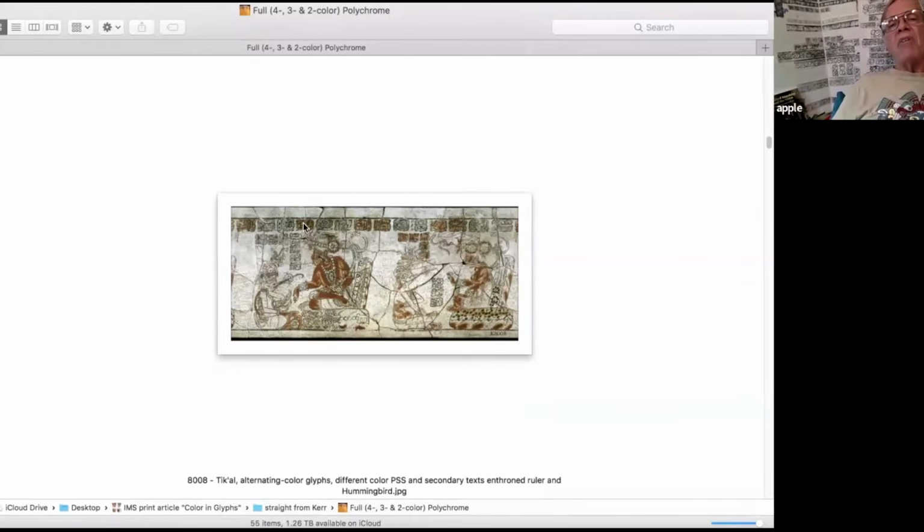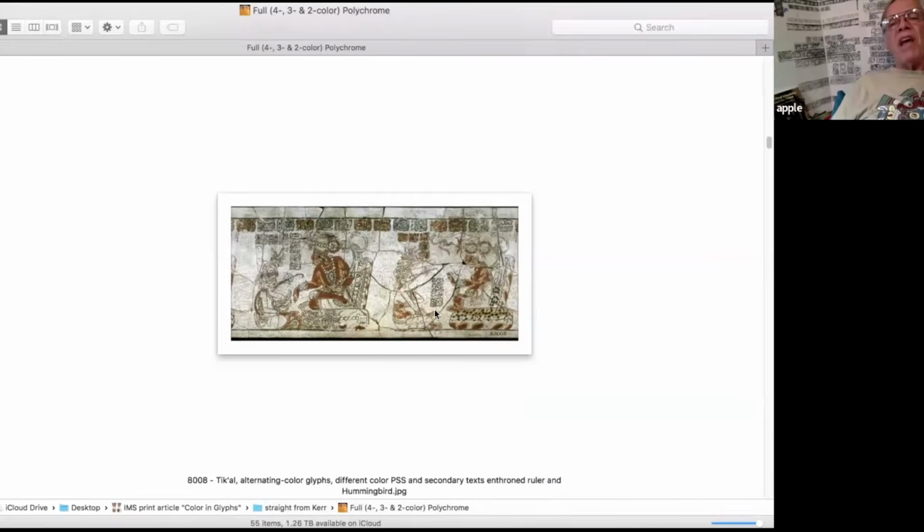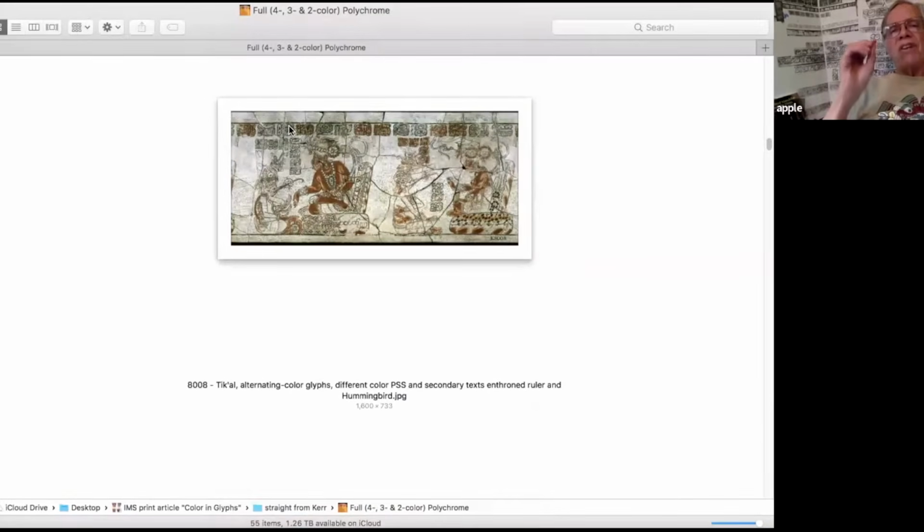This has a brown colored glyph, a blue colored glyph, and an uncolored glyph. Brown, two browns, blue and uncolored, two browns, blue and uncolored. And then the text on the side, one of them is colored, but the rest are plain. There's a whole bunch of stuff going on with these vessels that have glyphs that are double the same color.